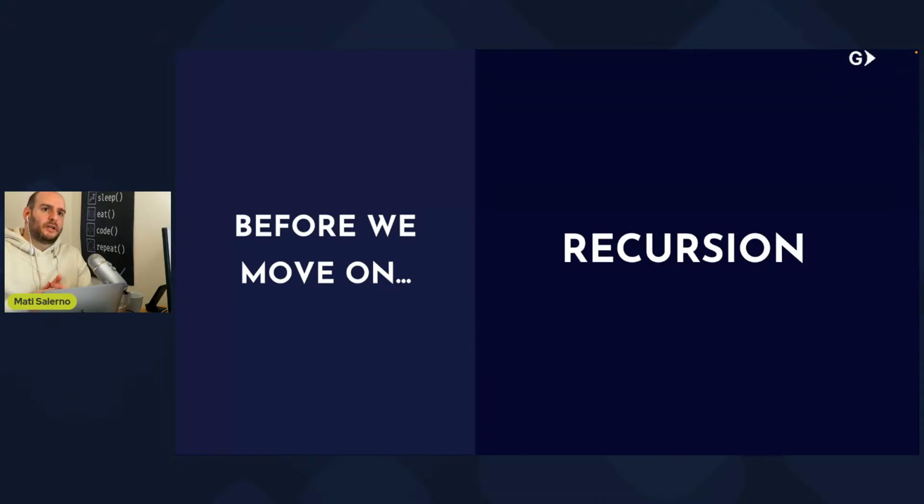For example, the factorial of a number is that number multiplied by the factorial of that number minus 1. And then you have the factorial of 1 and the factorial of 0, which are defined as well. But if you notice, the definition of the function uses the function itself. So when we talk about recursion, we're talking about functions that use themselves.